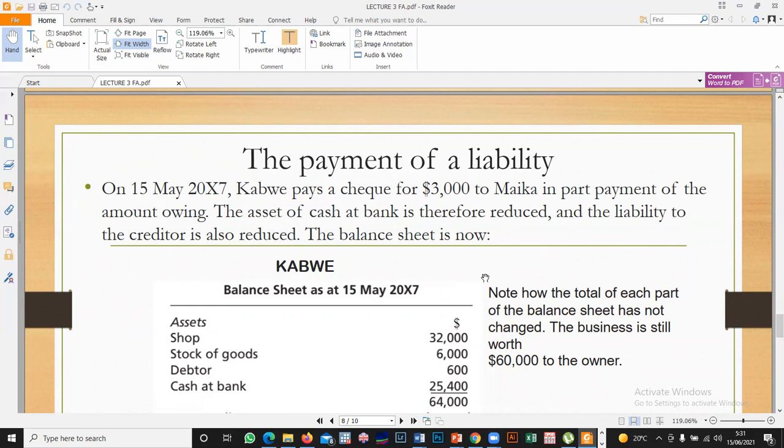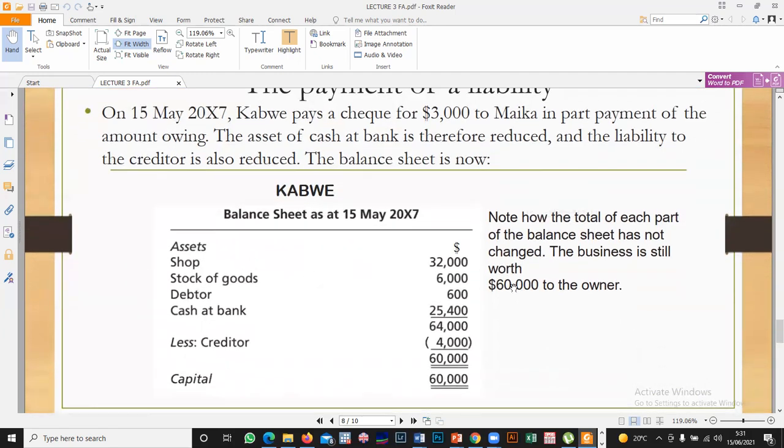Now the asset of cash at bank is therefore reduced, and the liability to the creditor is also reduced. If we pay back that 3,000, we're going to remain with 25,400 at the bank, which in total gives us 64,000.